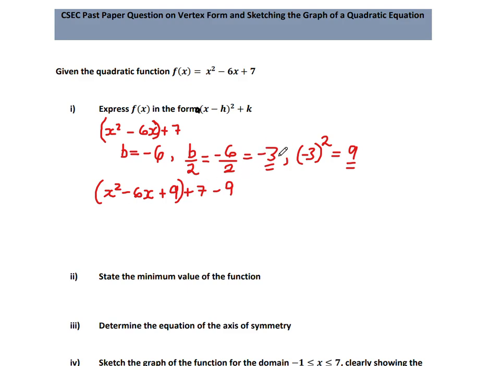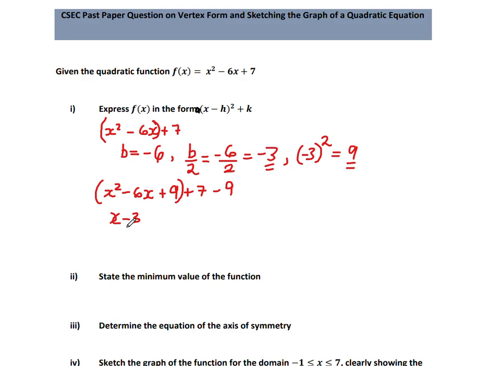And the value of b over 2 here was negative 3. So in order to write the factors of this quadratic, we're going to identify the value of b over 2, which is negative 3. And so therefore, the factors of this quadratic, which will be in the form of a perfect square, would be x, always x, then plus b or minus b, depending on whatever the result for b over 2 is.